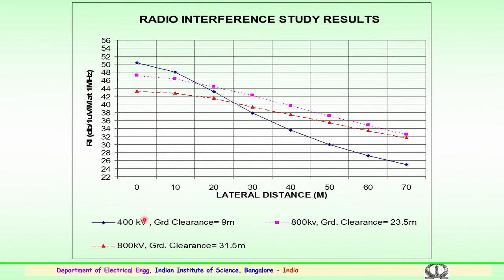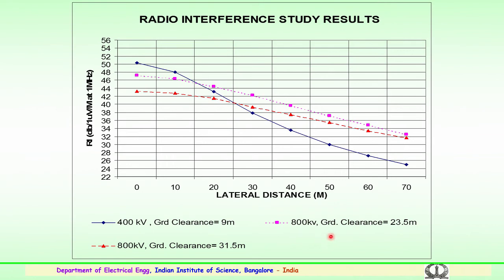In case of the EHV 400 kV line, you can see it come down from 50 plus dB to 26 or 28 decibels as the distance reaches around 70 meters laterally.